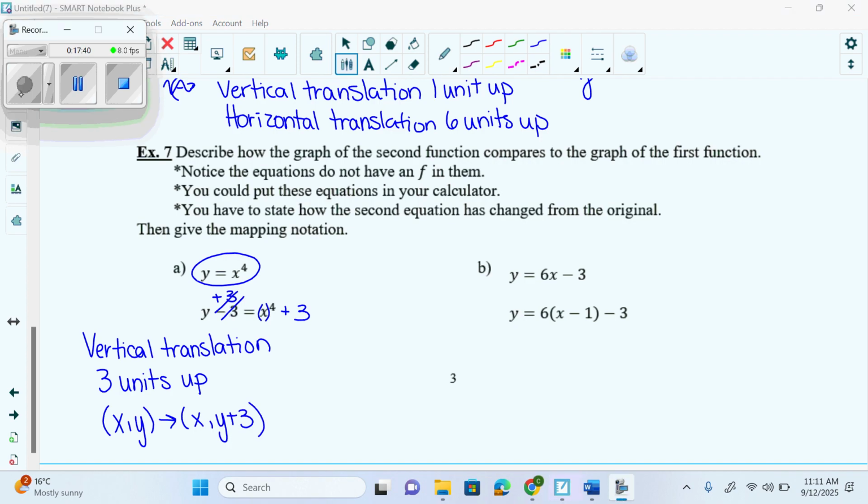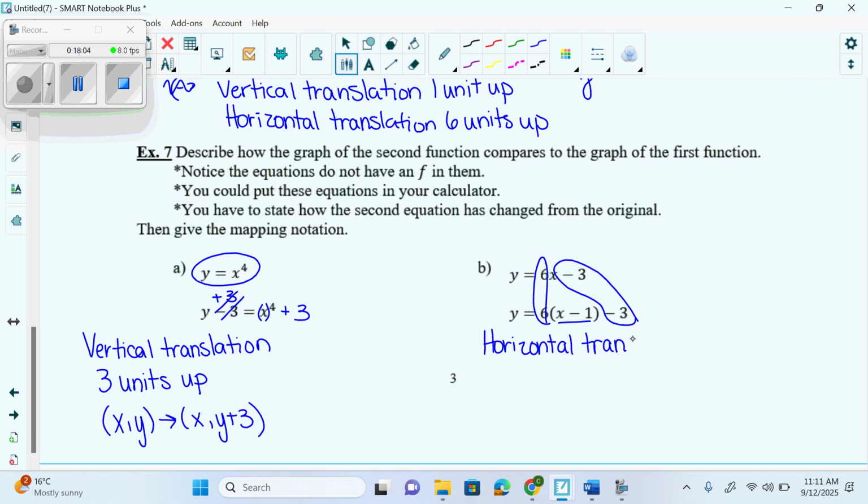Okay. So this one, guys, the only difference is this. Some people try and distribute and move it around. No, the 6 and the 6 are the same. The minus 3 and minus 3 are the same. The only thing that's different is the x minus 1. So it's a horizontal translation. One unit right.